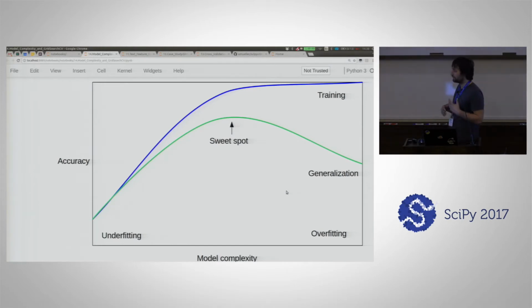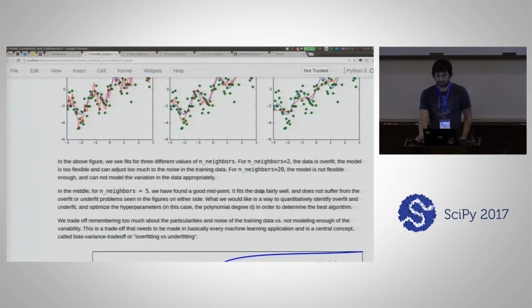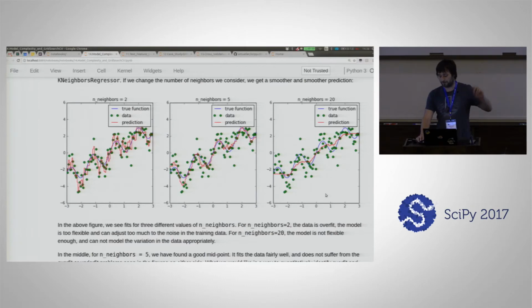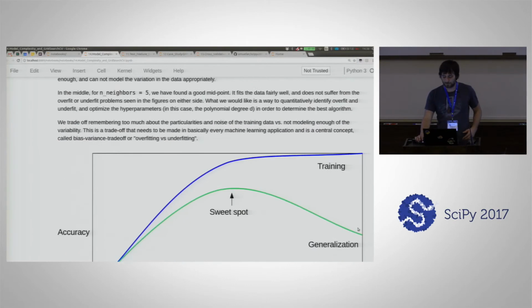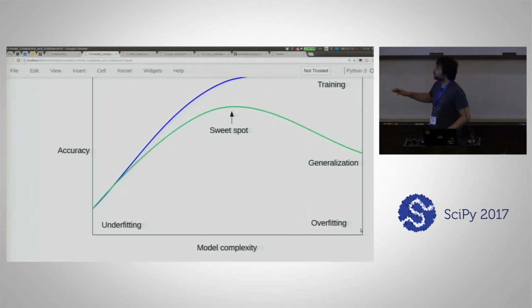And there's a general trend in how training and generalization relate to model complexity. If you have a model that's very simple, very far to the left, let's say this one is very simple because it's very smooth, then you will do badly on the training and test set, but equally badly.